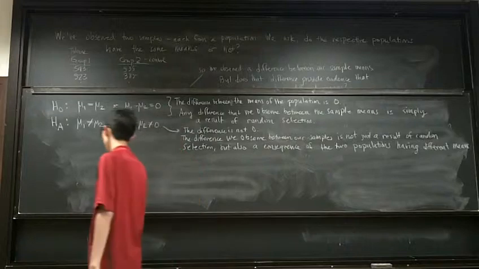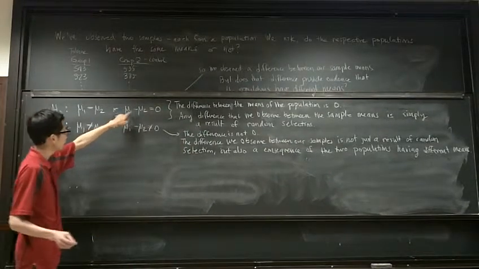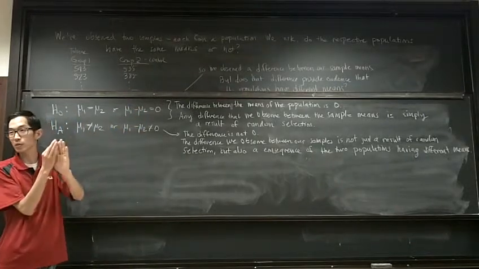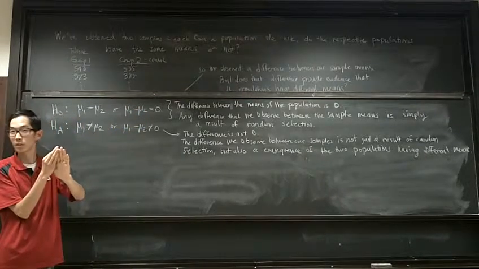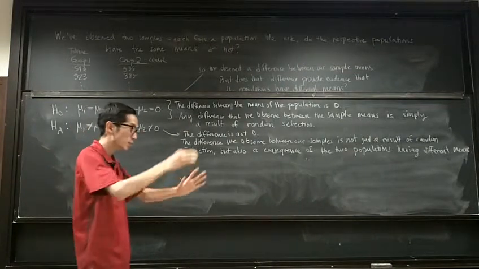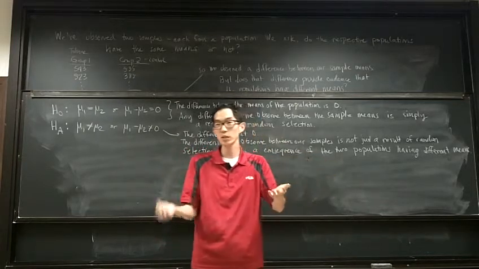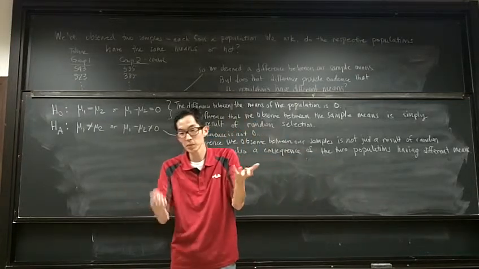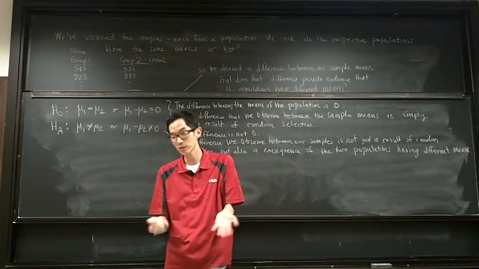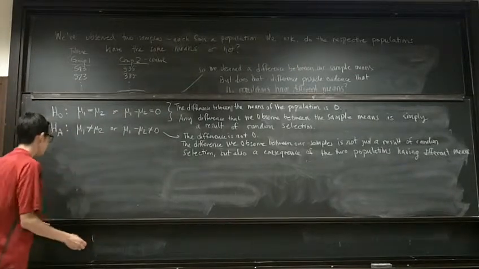So if the null hypothesis were true, whenever I take two samples, what should the difference between the sample means be? 0, right? If the populations have the same mean, anytime I take two samples, the means of the samples should be about the same, okay? I should have a difference of about 0, but I didn't get a difference of 0, okay?